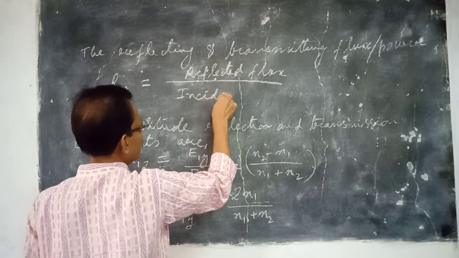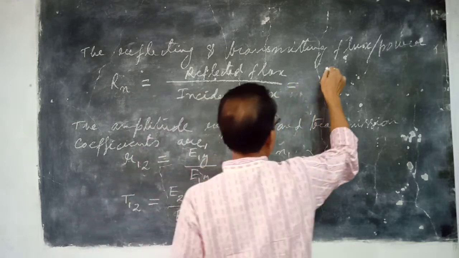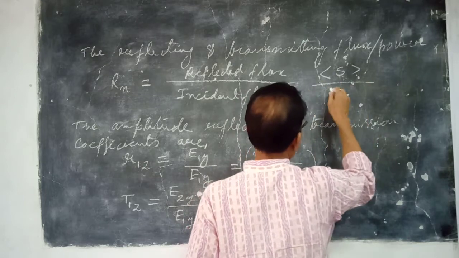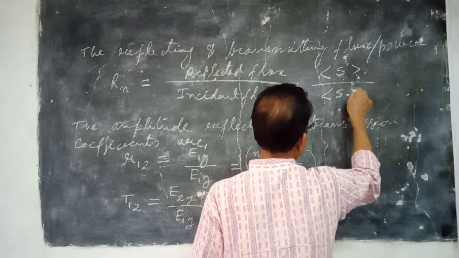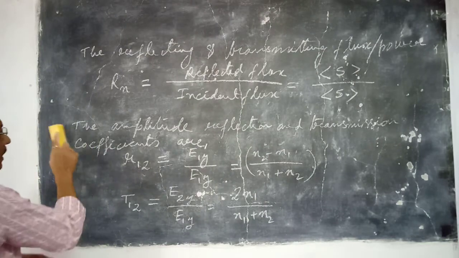In terms of the Poynting vector, that is S prime, the reflected power, by S, the average values of the Poynting vectors.